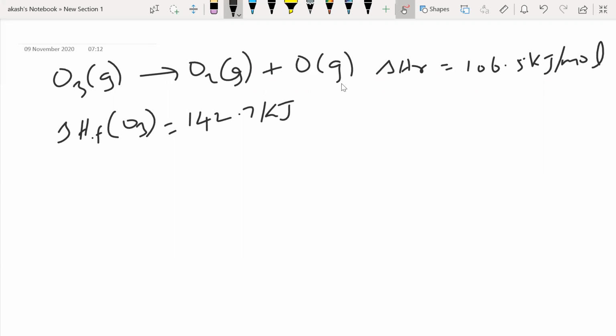So they are asking what is the bond enthalpy of O double bond O in O2.